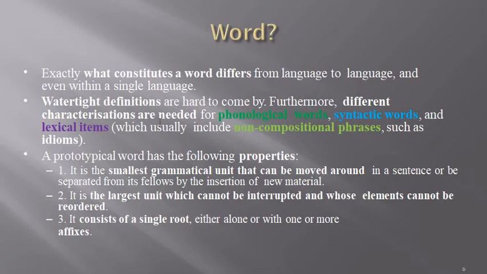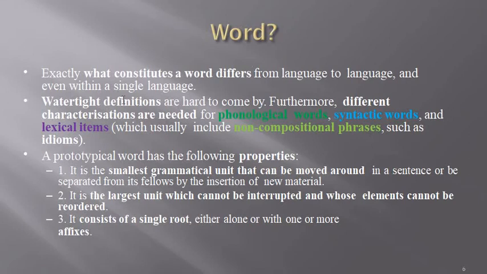Furthermore, different characteristics are needed for phonological words, syntactic words, and lexical items, which usually include non-compositional phrases such as idioms and idiomatic phrases. So the problem arises of how to define words, because there are different classifications and types. When we talk about the word, it can be defined from different angles.